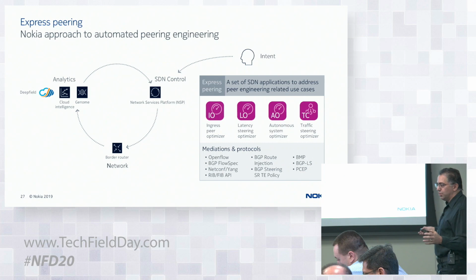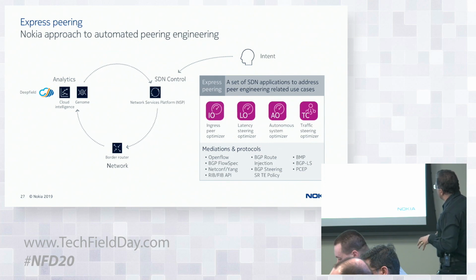We came to the conclusion that to solve automation and optimization in the peering, each use case has to have its own toolkit associated with it: map, analytics, understanding the nature of traffic that is maybe specific to that use case.